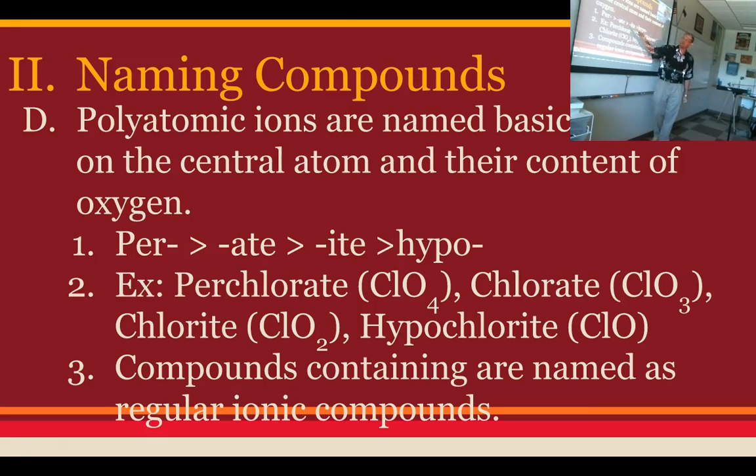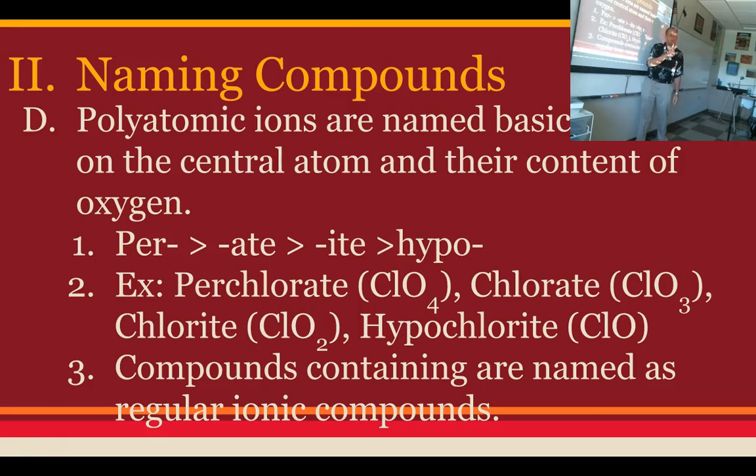And this is where it's a little bit strange. So there's 2 suffixes and 2 prefixes. If you kind of picture a line dividing, and I should have probably drawn a line on the slide, between ate and ite, right? Ate as a suffix means I have a lot of oxygen. Ite as a suffix means I don't have all that much oxygen.